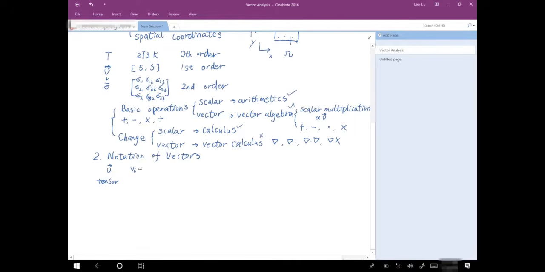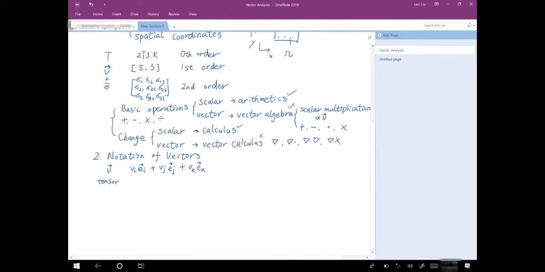So you can see that e has an arrow above it. That means it's a vector. Plus v_j e_j, plus v_k e_k.